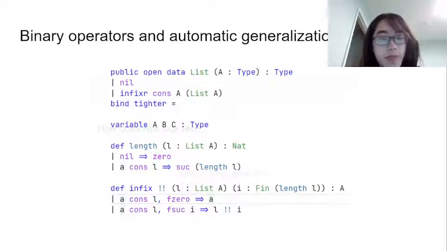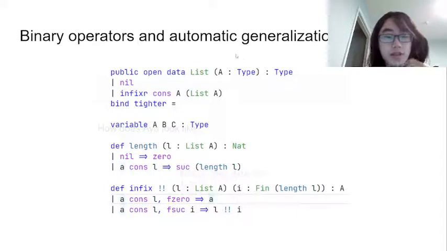And here's a longer example where you have binary operators and automatic generalizations. The binary operators work like this: you put an infix keyword before the definition's name, and you can put bind tighter after the name. So cons will be parsed as an infix operator.